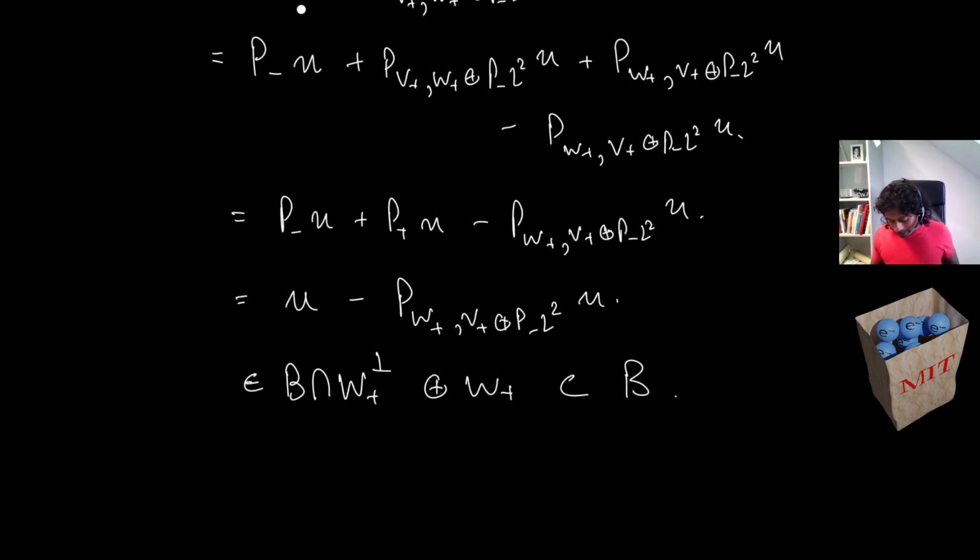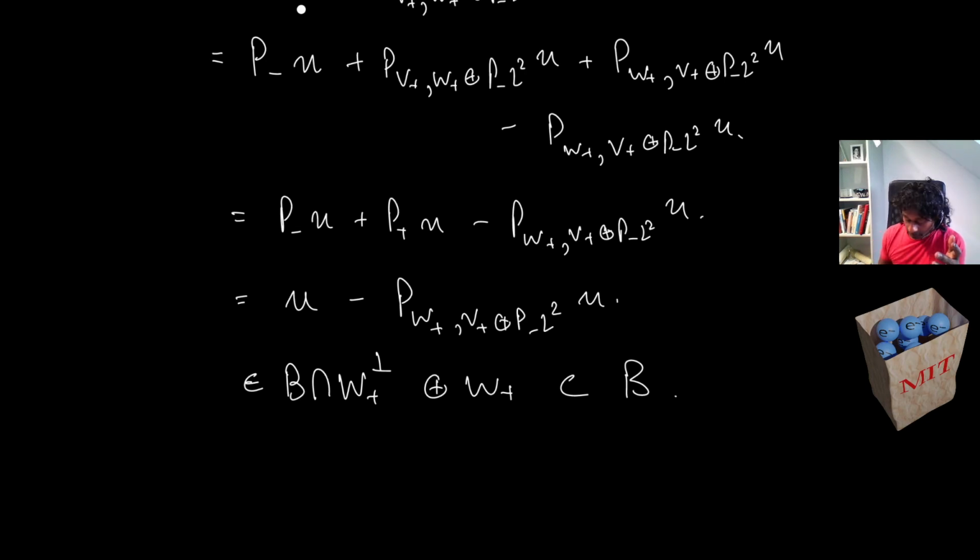So I just want to make a remark here that you might look at this and be tempted to think that this projector, projecting to W plus, is 0. But this is an important lesson in why for projectors you have to really care about what it projects along.